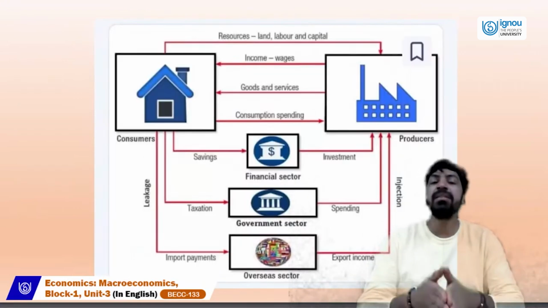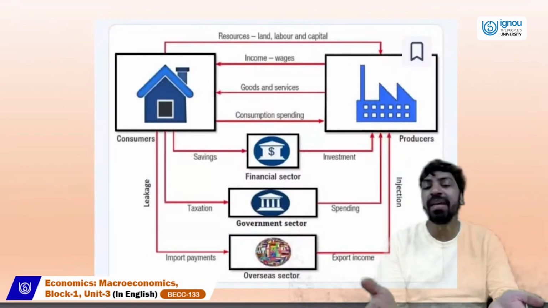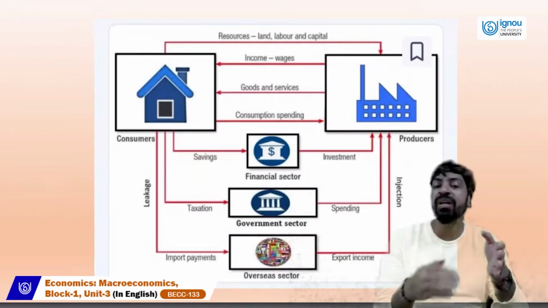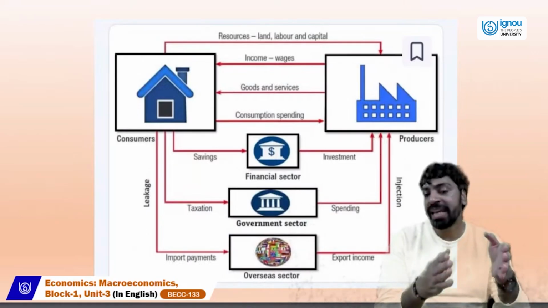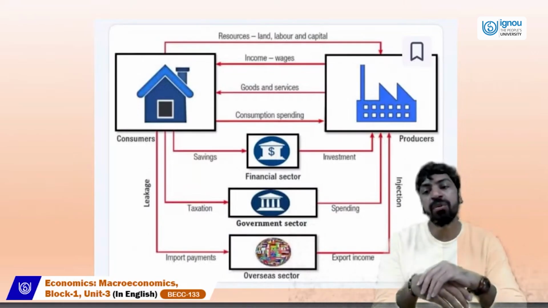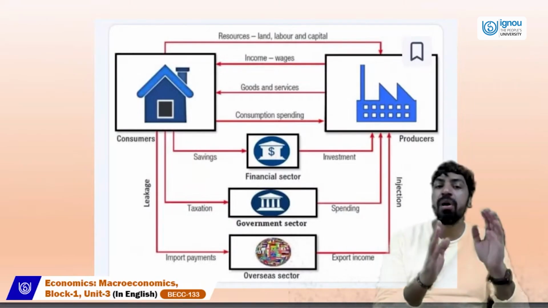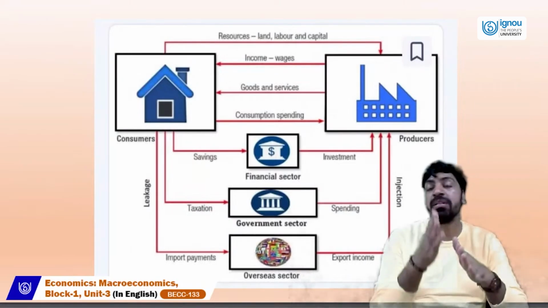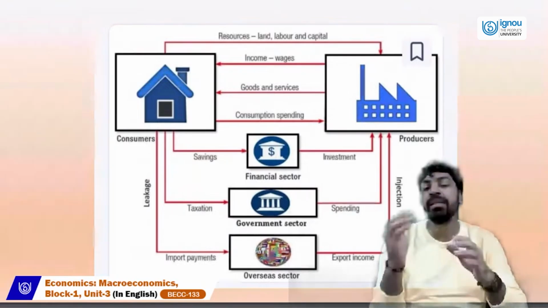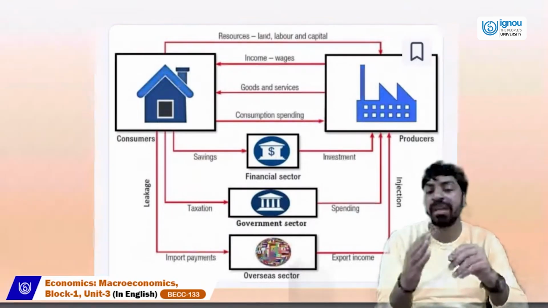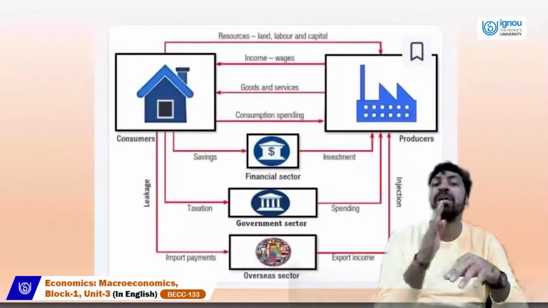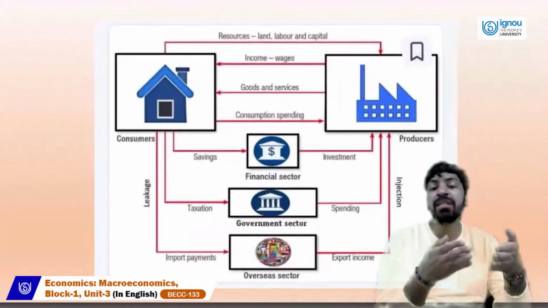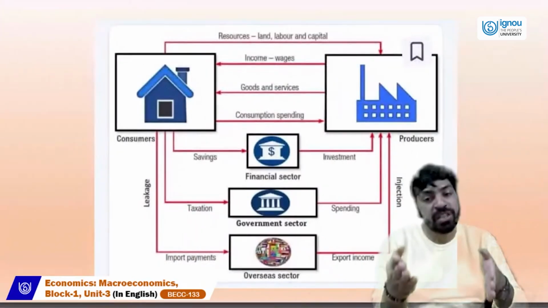So in the five sector model that I have shown in the diagram, there is leakage which takes place and injection which takes place. When we talk about the leakage, you can see it in the form of payments, because it's a withdrawal of payments to the overseas, withdrawal of payments in the form of taxation, withdrawal of payments in the form of savings, because your savings go into a financial sector.